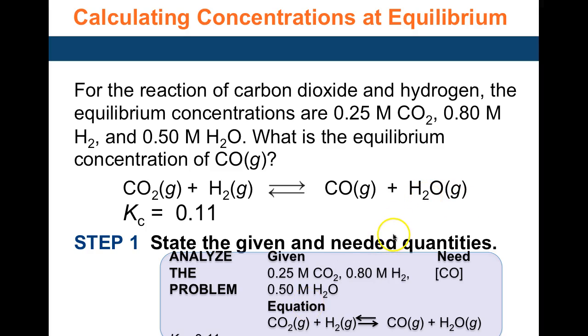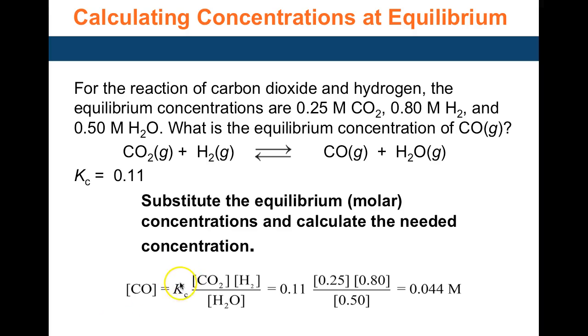So apply this to the equilibrium expression and manipulate it. If you look at the Kc expression, it is going to be CO times H2O divided by CO2 times H2 in the denominator.